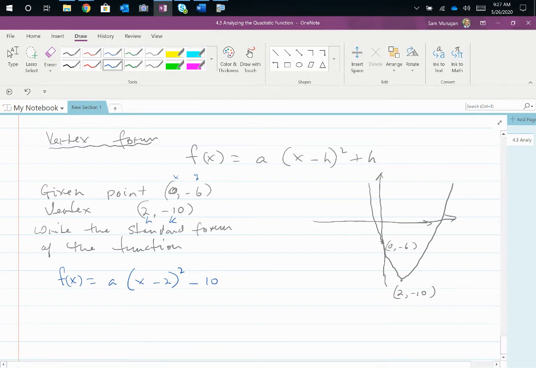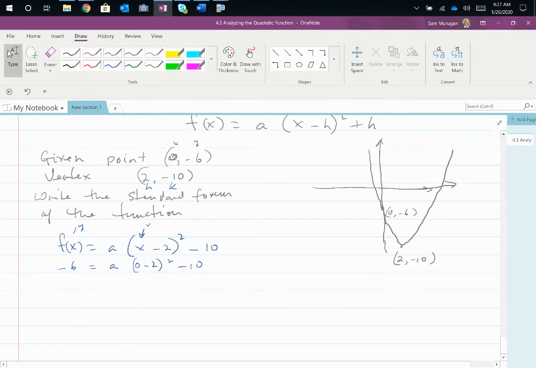Okay, now you want to go ahead at this point, because this is y and this is x, and substitute for x and y. So the y value is negative 6, the x value is 0, minus 2 squared, minus 10.